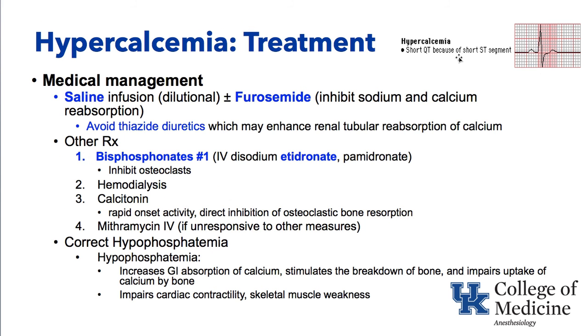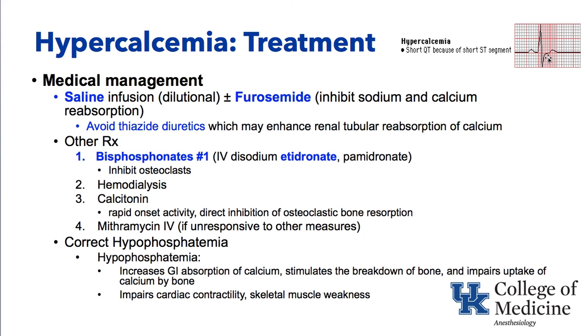How do we treat hypercalcemia? Now, up at the top right shows the electrocardiogram in a patient with hypercalcemia, shortening the QT interval. What you do is initial medical management with lots of saline and Lasix, and let that calcium be excreted through the kidney. That is assuming that they have good kidney function.